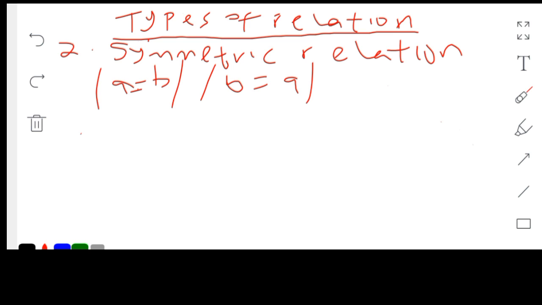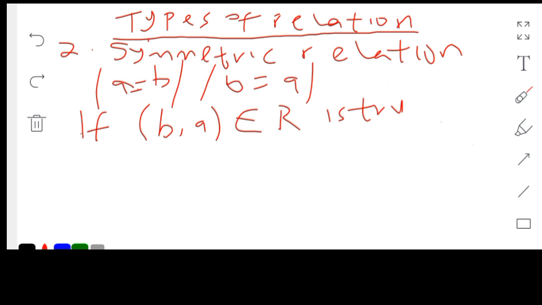In other words, a relation R is symmetric if (b, a) is a member of R is true when (a, b) is a member of R. Don't forget, (b, a) means we are using figures now. So if (b, a) is a member of R is true when (a, b) is a member of R is also true, that's when we say this relation is symmetric.